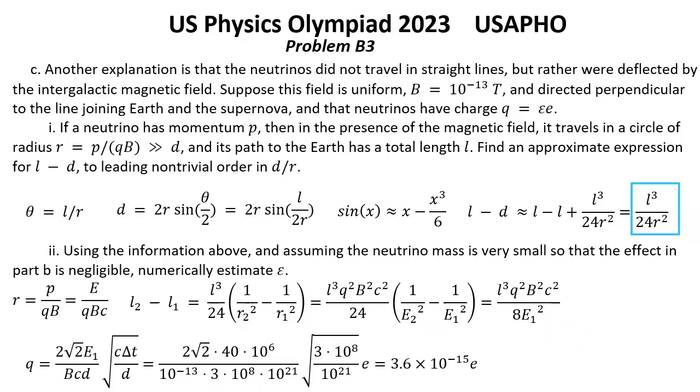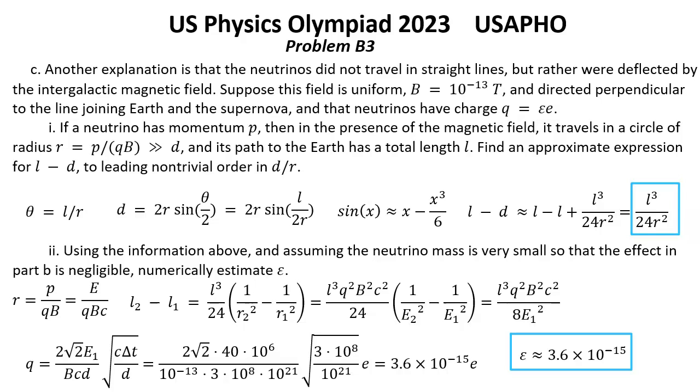Because the length difference is equal to c multiplied by Δt, we finally have this expression, and after putting in numbers we have a charge equal to 3.6 multiplied by 10 to the power negative 15 of the charge of the electron. So epsilon is approximately 3.6 multiplied by 10 to the power negative 15.